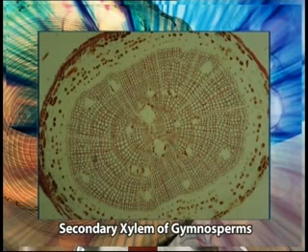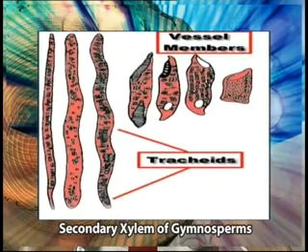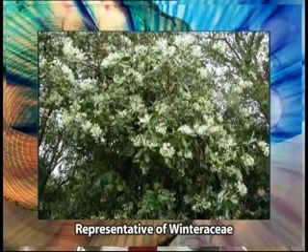In dicotyledons, support is provided largely by fibers and longitudinal transport by vessel members, except in most primitive angiosperms, for example, members of Winteraceae of Magnolidae, which lack vessel members. The secondary xylem of these primitive taxa closely resembles that of gymnosperms, the axial system being composed primarily of tracheids.